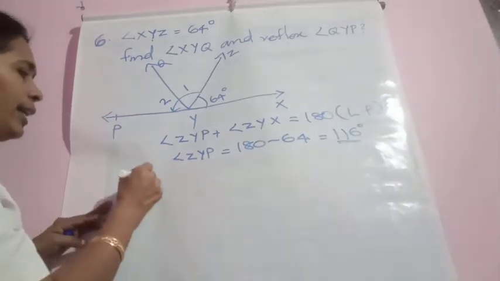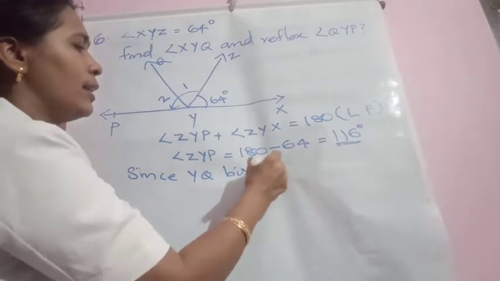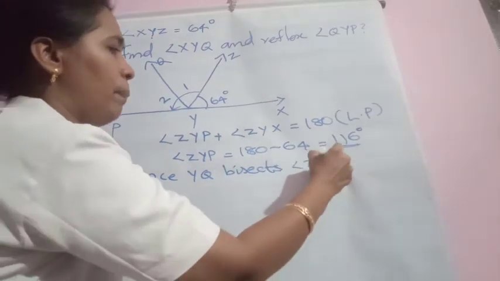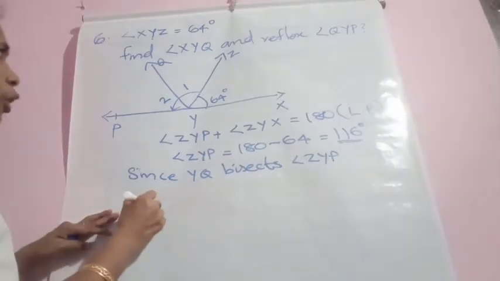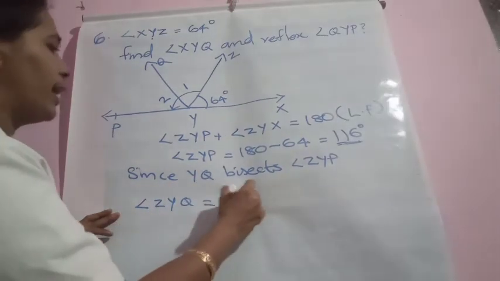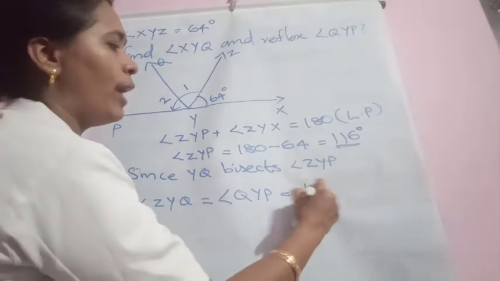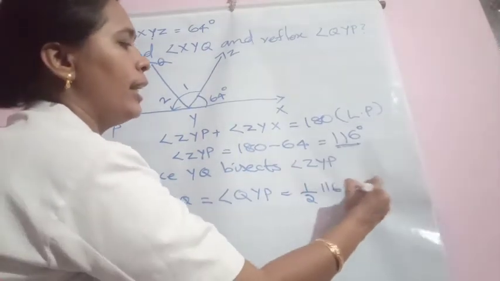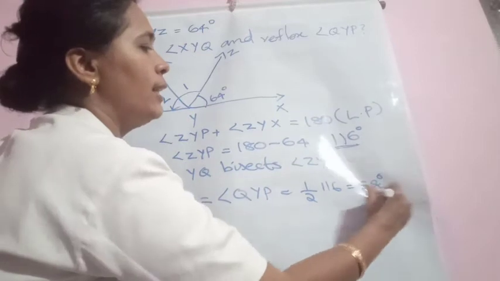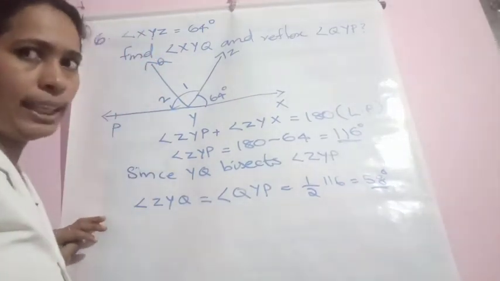We can write that since YQ bisects angle ZYP, each angle formed, ZYQ equal to angle QYP equal to half of 116 equal to how much degree for us? 58 degree for us. Is it clear up to this?